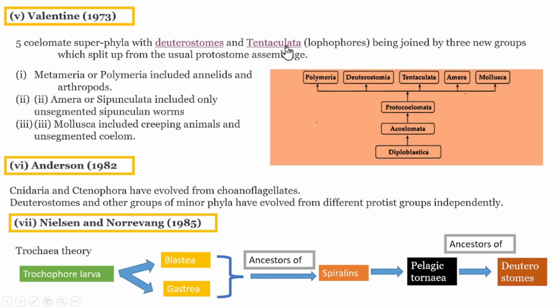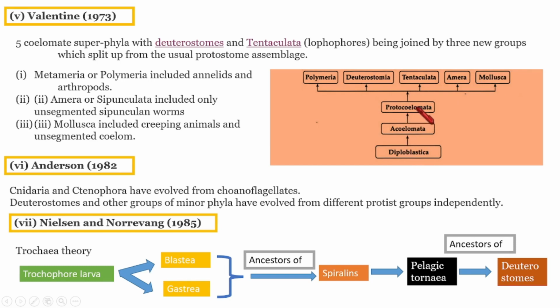Tentaculata means, as the name indicates, organisms having long tentacles. Along with them, there are 3 new groups: Polymeria, Emeria, and Mollusca.